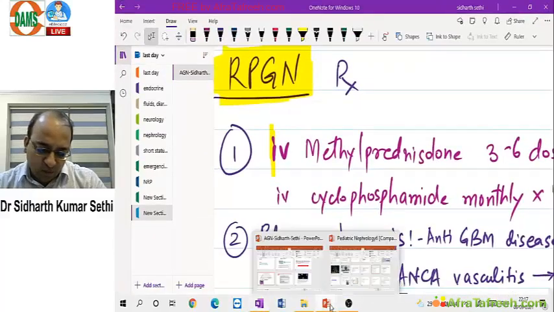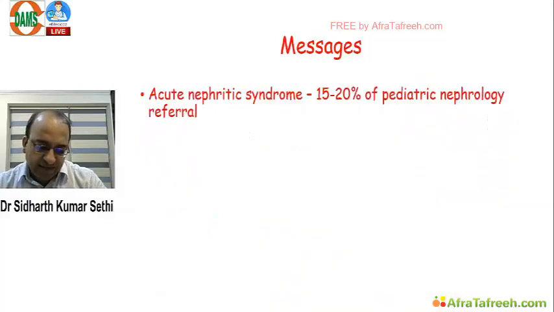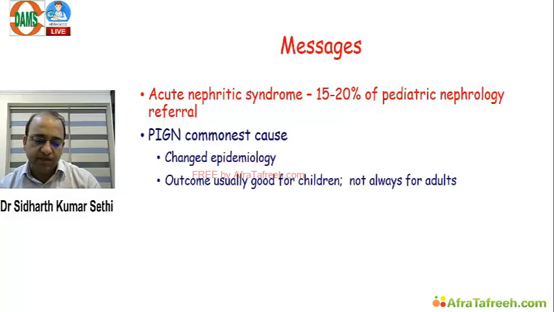So students, today what I wanted all of you to know in this grand round was that nephritic syndrome is common. So please, you should know what is nephritic syndrome. It is common when we see patients. The most common cause of nephritic syndrome is post-infectious, especially post-streptococcal.